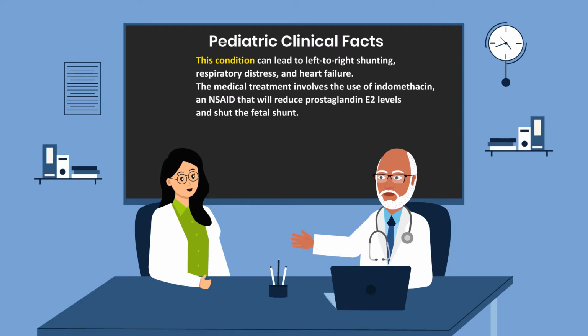This condition can lead to left-to-right shunting, respiratory distress, and heart failure. The medical treatment involves the use of indomethacin, an NSAID that will reduce prostaglandin E2 levels and shut the fetal shunt.